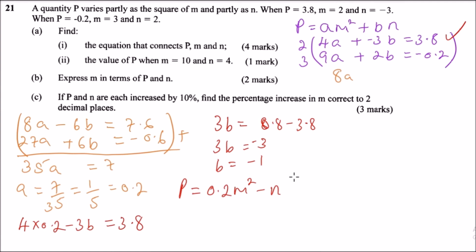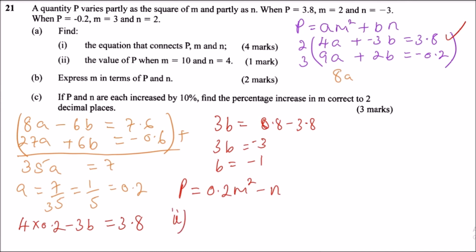So the other one, the value of p when m is equal to 10 and n is equal to 4. So you just substitute the values of m and n in our equation. So this is part B, Roman numeral 2.